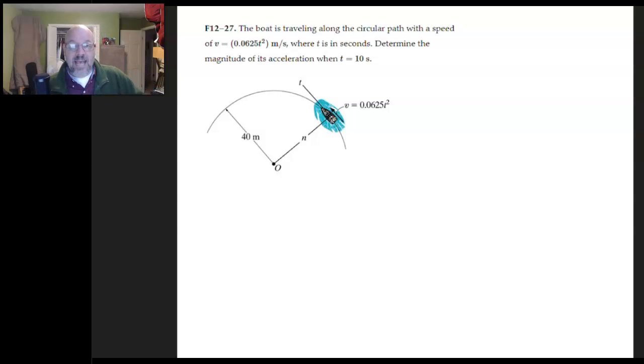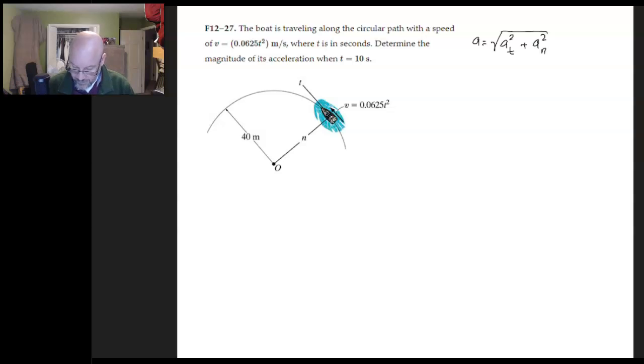Now, in the case where you're doing both, we've got to realize that when we talk about the acceleration of the object, it's really going to be some tangential acceleration plus some normal acceleration. So tangential and normal.